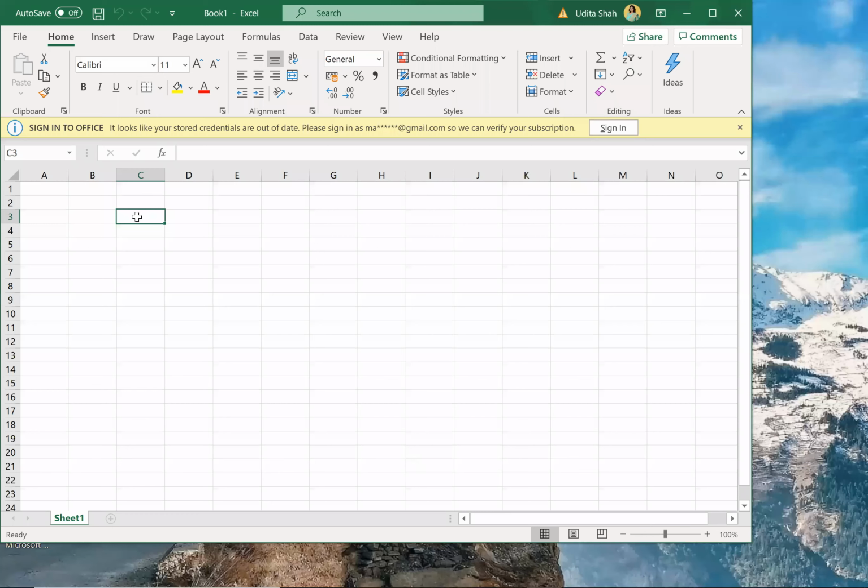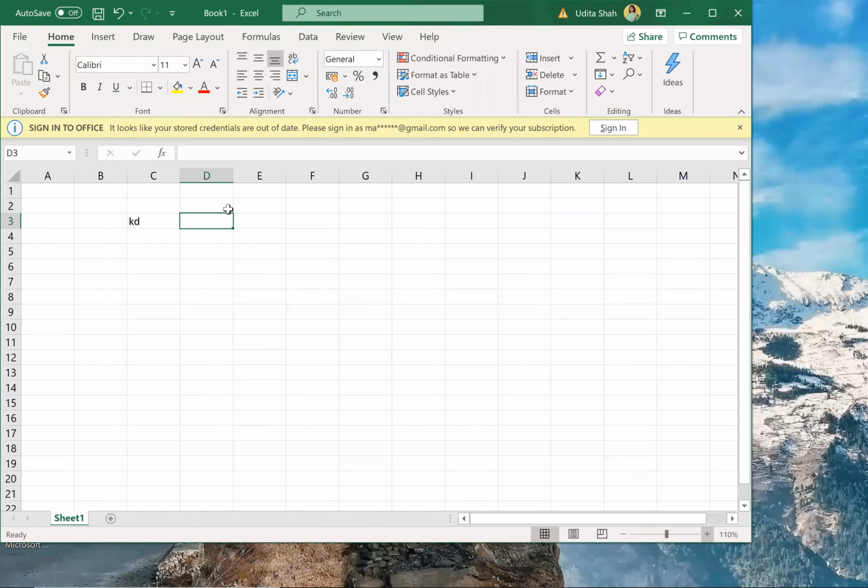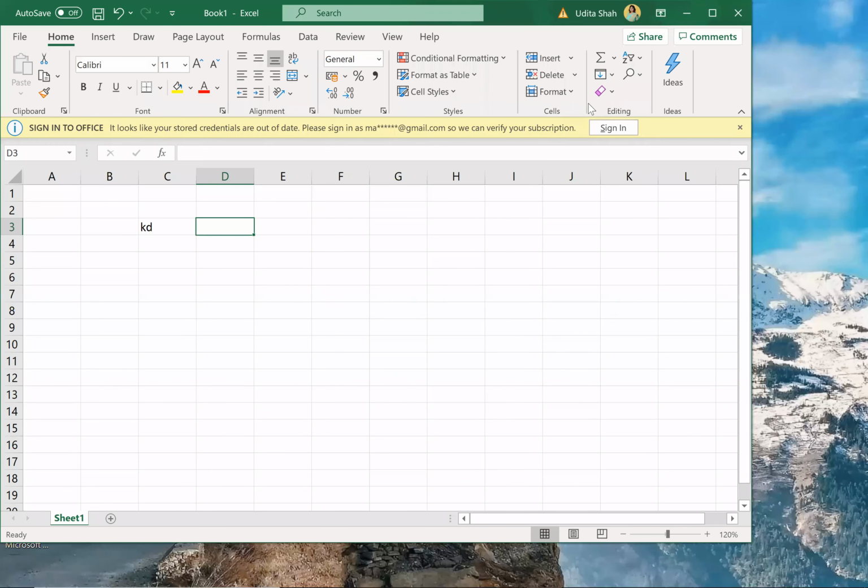So first will be my KD, cost of debt. What is the formula for KD? KD will be interest into 1 minus T, divided by NP. Okay.